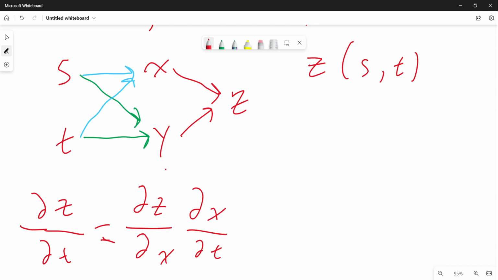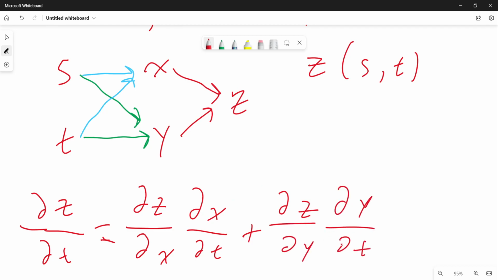Note in this case, each of these functions has two variable inputs. That's why we're using the partials for both, not the regular straight-line d's. Plus del z, del y, times del y, del t. That's the partial for t.